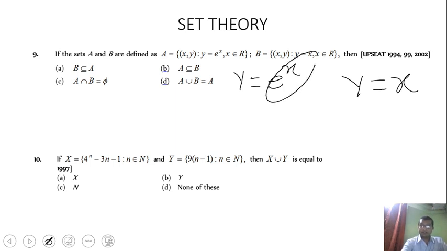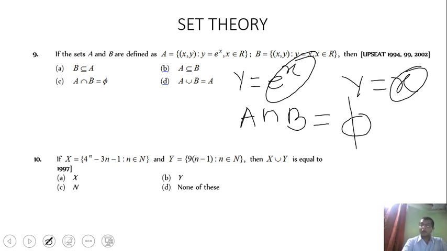Here it is e raised to x, this side it is x, both are different. If you take the intersection of these two sets, we are going to get an empty set, that is no element is common between both the sets. So A intersection B is a null set. Therefore option C is the right answer.